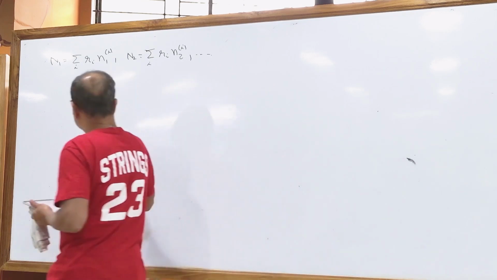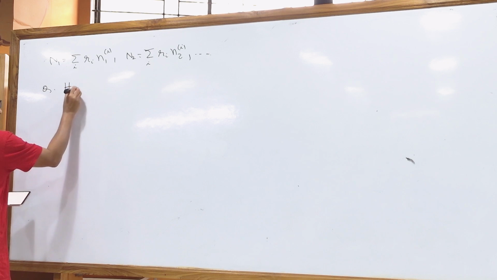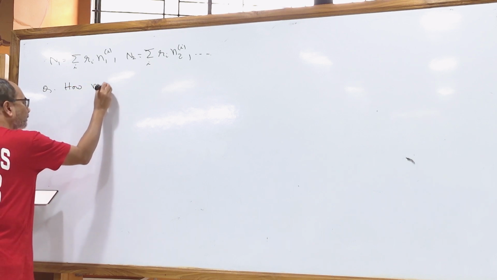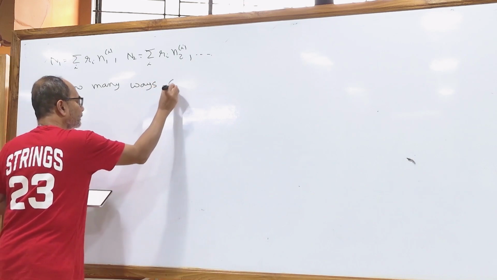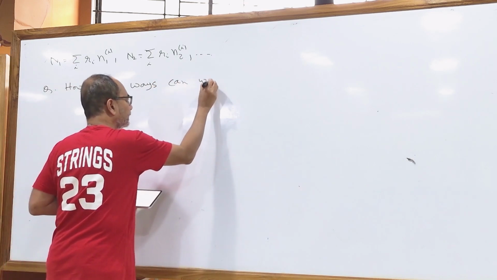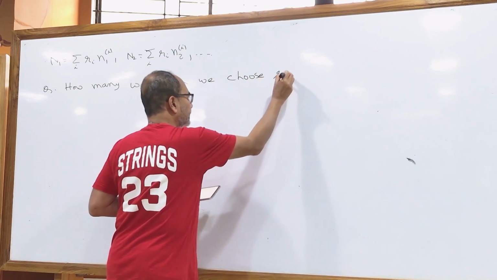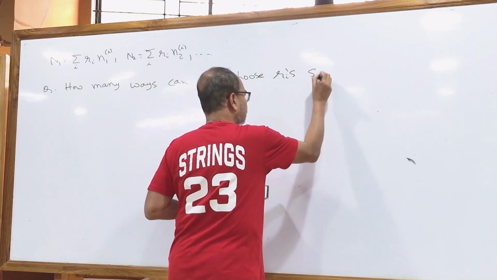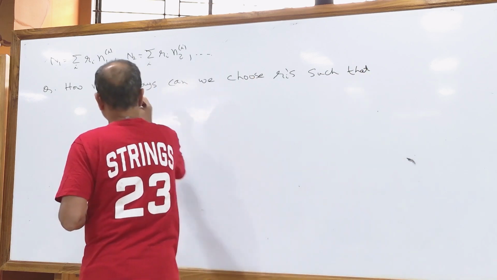So the question is, how many ways can we choose the ri's such that we satisfy this relation?